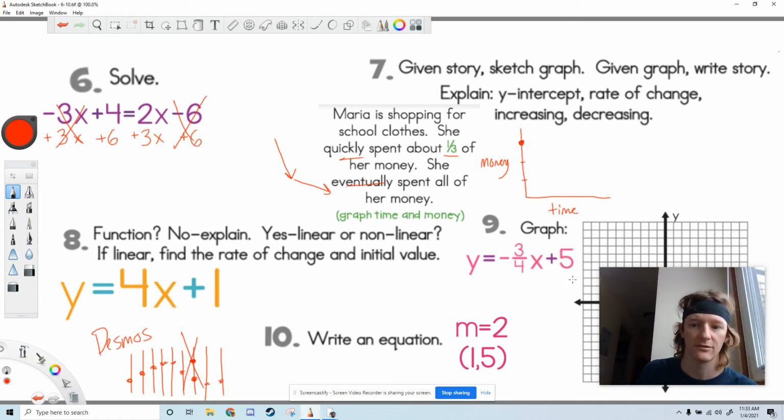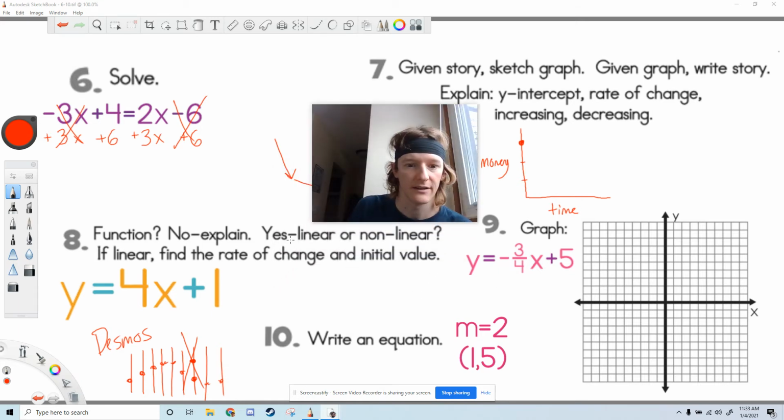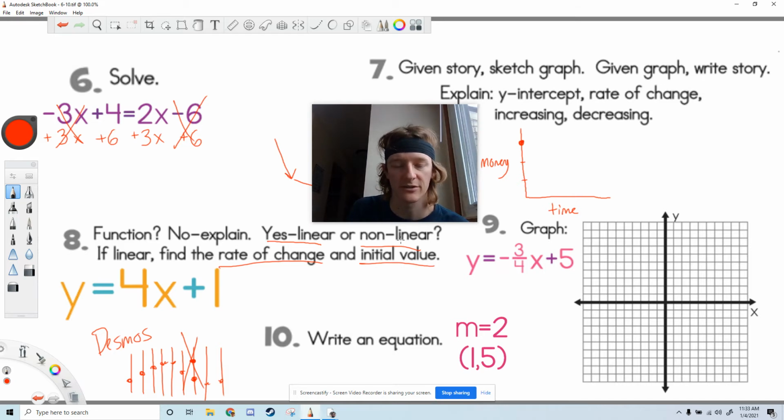Does it ever cross a vertical line more than once? If it does, it's not a function. Then you need to tell me, is it linear or nonlinear? And if it is linear, tell me the slope and tell me where it starts on the y-axis. What is the initial value? Those are actually given to you right here and right here.